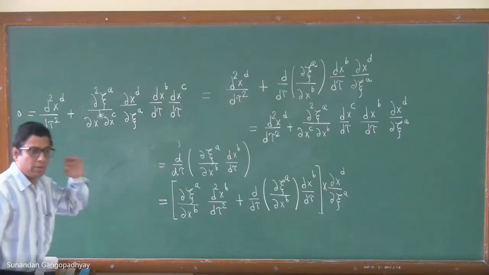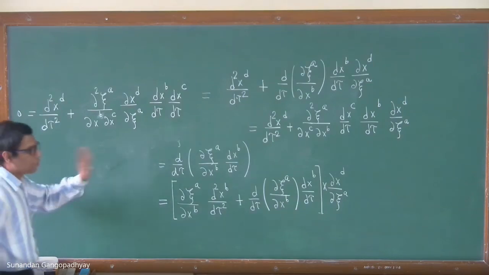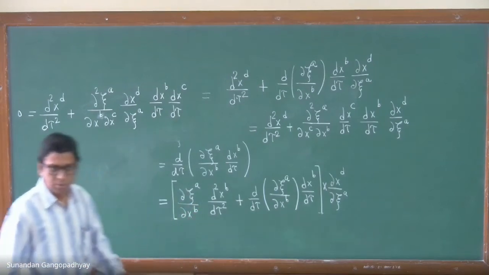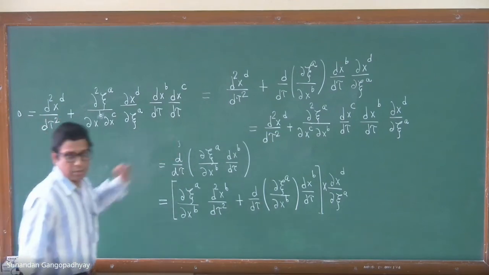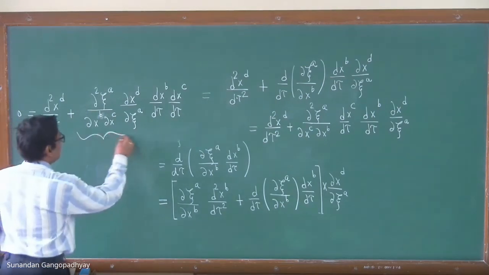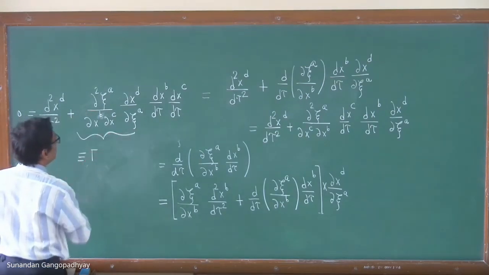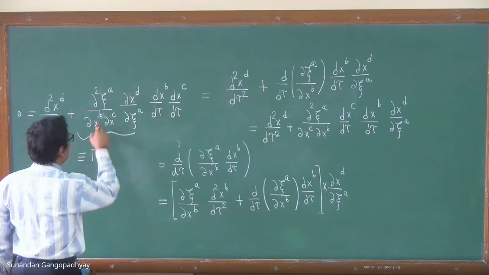So starting from the equivalence principle, we are assuming that the free particle is moving under the influence of only gravitational forces. Therefore, if you apply the equivalence principle, you can construct a local inertial coordinate system in which the equation of motion is just like it will be in special theory of relativity. And from there, if you just do the mathematics, you will end up with this equation, where now you are writing the equation of motion of the free particle in a different coordinate system, x. What we shall now say is that here you can see that a is an index and three indices are d, b and c.